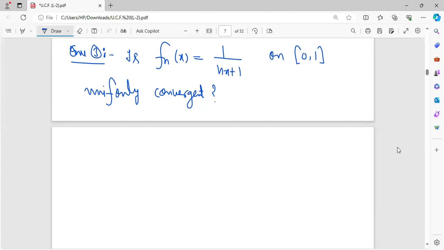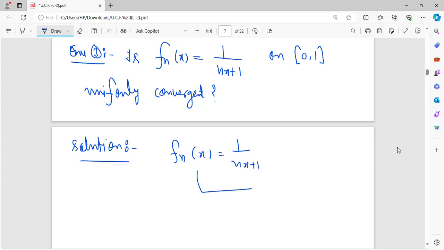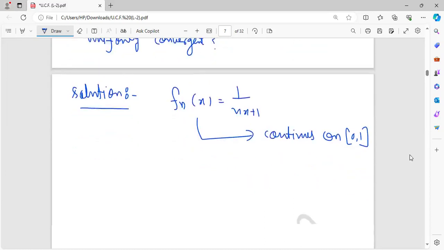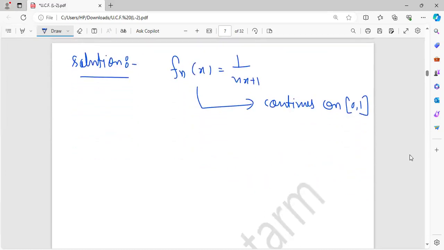Okay. So now we will show it by the theorem. How? Each fn, 1 upon nx plus 1, is a continuous function. Each fn is continuous on the closed interval 0, 1. So what is its pointwise limit? Let's calculate.